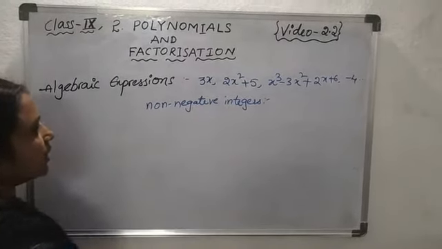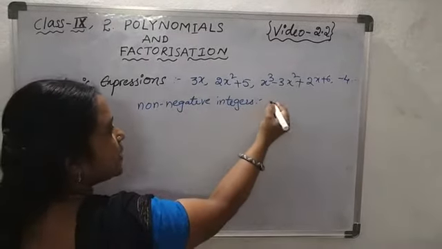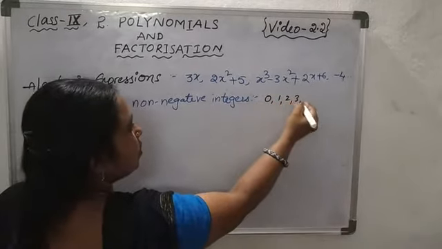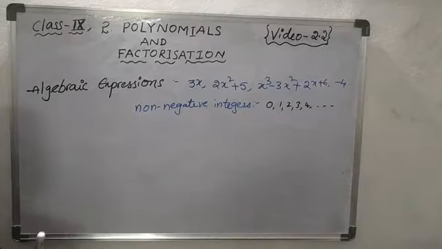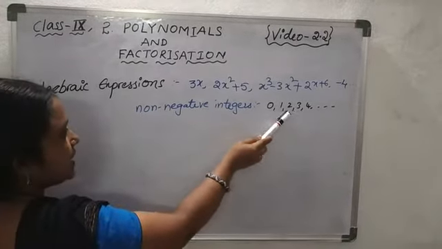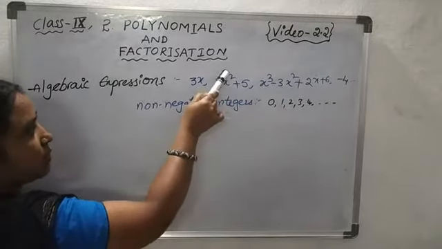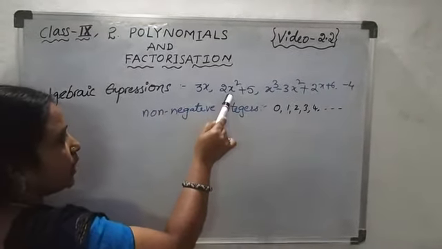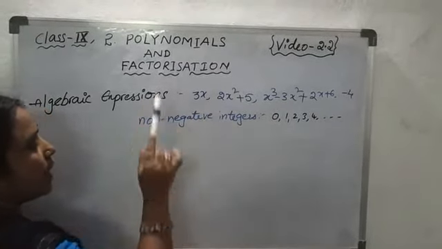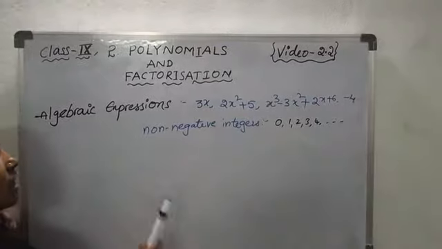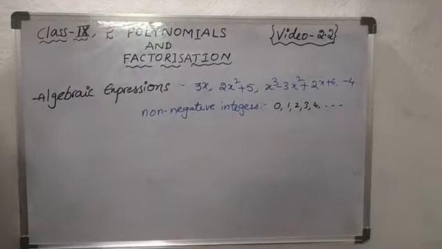Non-negative integers means everything except negative, that is positive and 0: 0, 1, 2, 3, 4, all such numbers. So we are using non-negative integers as exponents of the variables. Any variable has exponents that are only 0 or positive numbers. Such expressions are called polynomials.